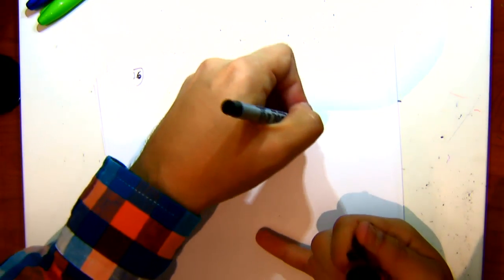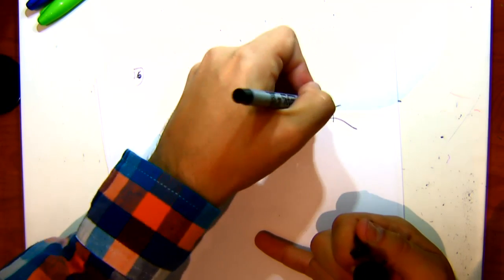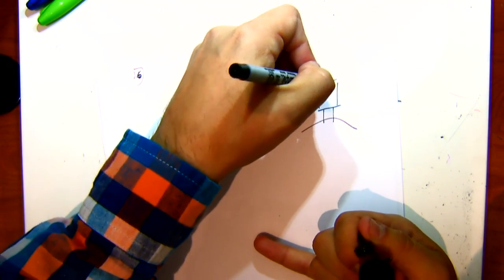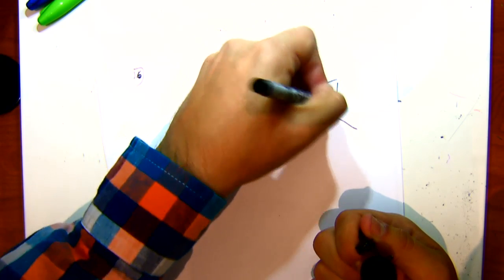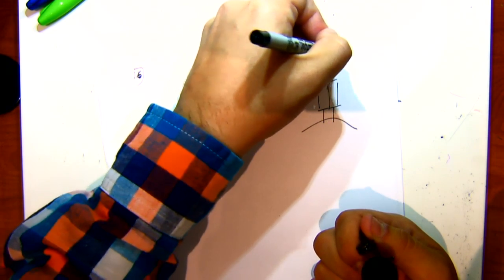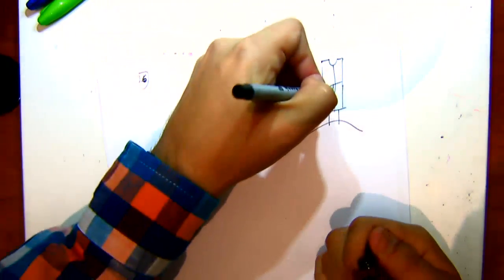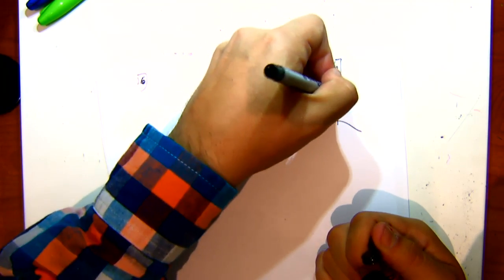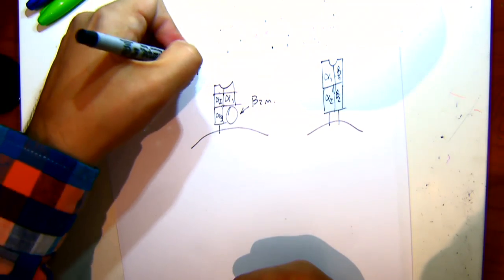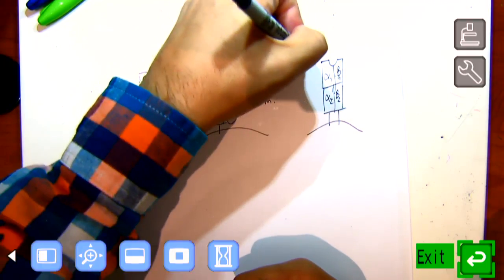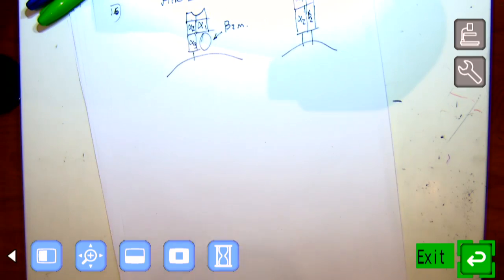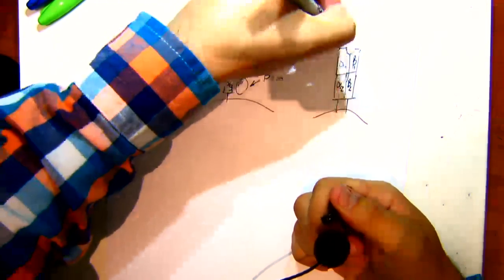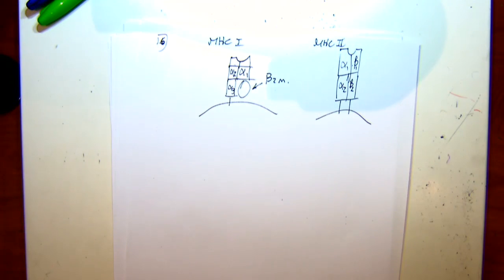And then for MHC2, sorry, it's easier to remember. This is going to be alpha 1, alpha 2, beta 1, beta 2. Oh man, I'm sorry. There you go. Cool. All right, so 16 is going to be E.